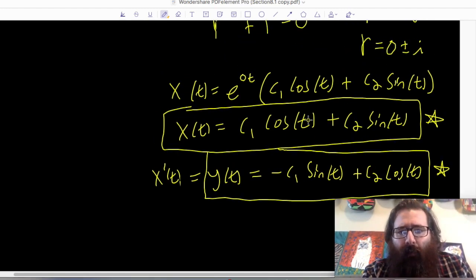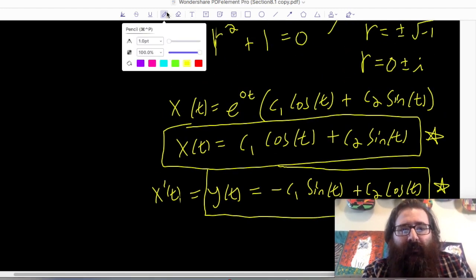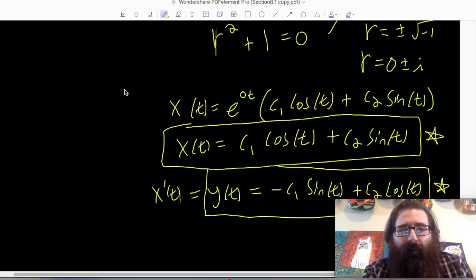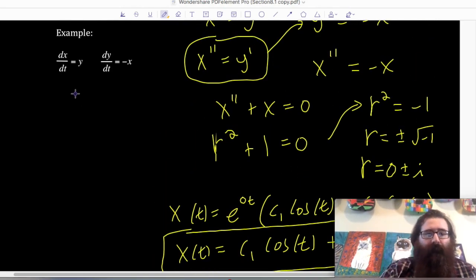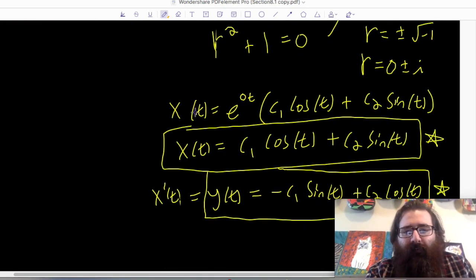Now, let's talk about the behavior as t increases. As t goes to infinity, let's look at x first. This doesn't head off to infinity or head to the critical point at 0, 0. This just oscillates.